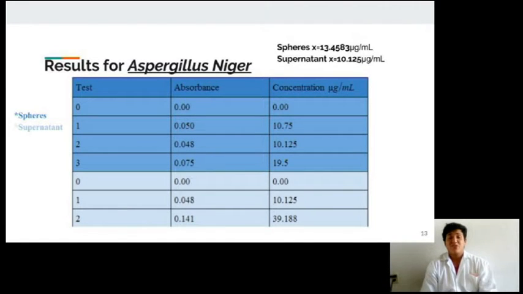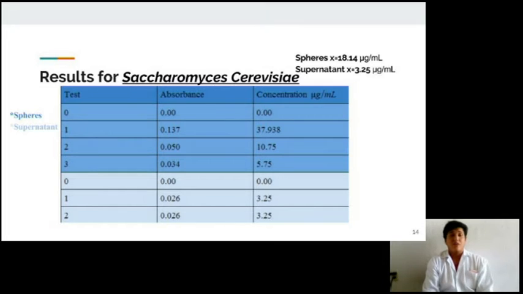Our results for Aspergillus niger are the following, where the dark blue is for spheres and the light blue is for supernatant. The average for spheres is 13.45 and for supernatant is 10.125. Our results for Saccharomyces cerevisiae are the next, where the dark blue is for spheres and the light blue is for supernatant.